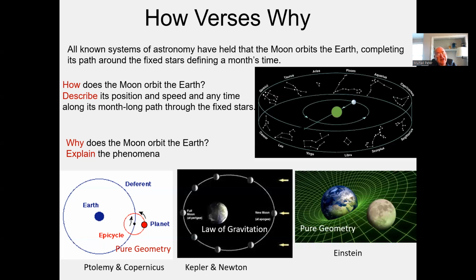It goes around the Earth, passing those stars of the zodiac at varying speeds, because it moves in a straight line in this very complex Riemannian geometry of four-dimensional space-time. So, an idea of different explanations of the same description. And of course, they're all embodied in theories, the importance of theory.